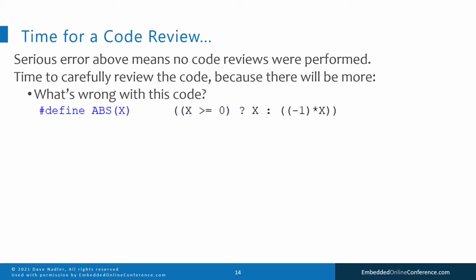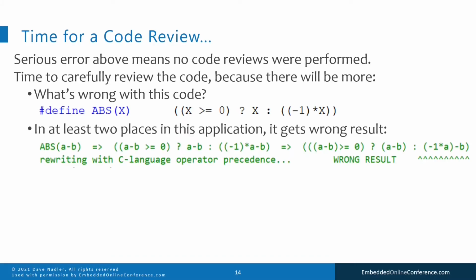What's wrong with this code? I wish we had the opportunity to do this live. Anyway, you can see that X isn't protected with parentheses in the macro definition. And in this macro, you get the wrong answer because of X not being protected by parentheses.